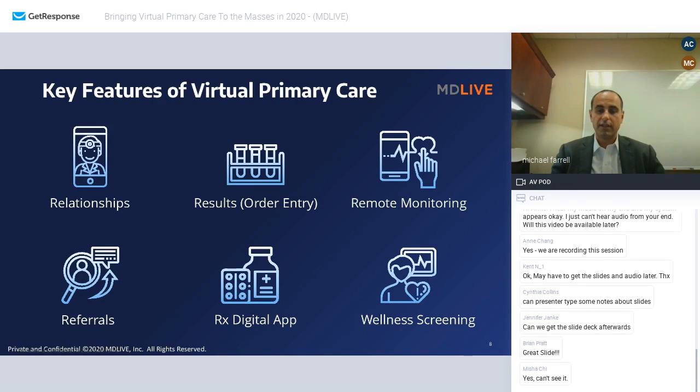Really, it's around relationships, which we know today can still be established virtually. The patients would be responsible for selecting their virtual primary care provider, as well as being part of a care team. We know that it's extremely important to have interoperability and the ability to receive results, to review those, as well as to order out.